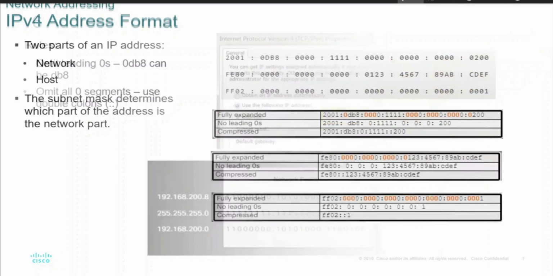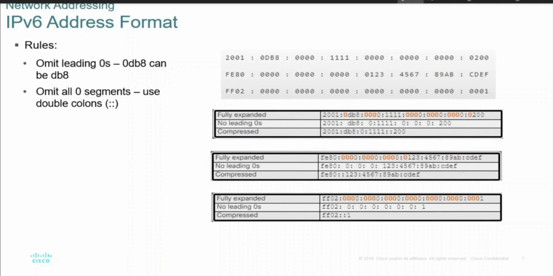Okay. Now, in the same way, an IPv6 address is a hexadecimal number. The size of an IPv4 address is 32-bit. The size of an IPv6 address is 128-bit. Now, an IPv6 address is a combination of 4-digit hexadecimal numbers, each separated with a colon, and it is a combination of 8 four-digit hexadecimal numbers.